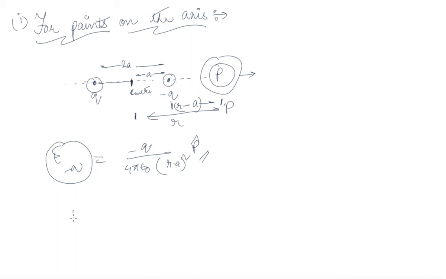Similarly, the electric field because of plus Q is plus Q over 4 pi epsilon naught, and the distance is R plus A whole square, in the direction P cap.